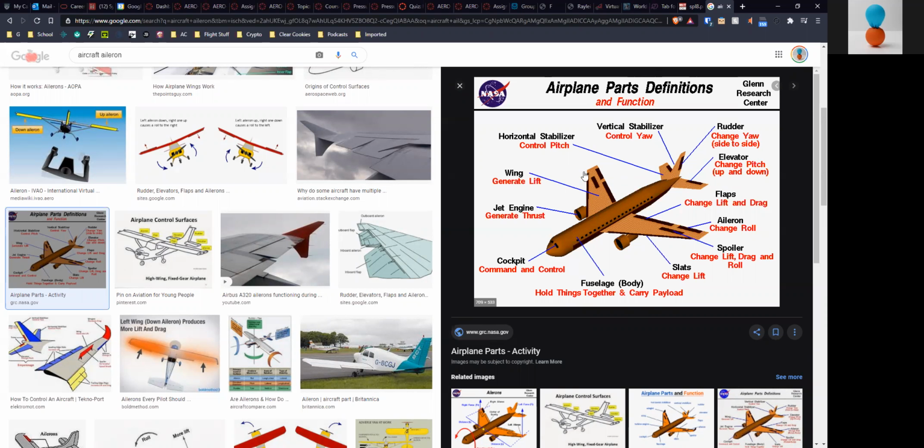They turn by rolling to a non-level bank angle, and then when the nose would want to drop, you just hold the nose level, and by doing that, you're also pulling it in the direction that you rolled. So if the plane were to roll left, then the nose would want to drop and you hold it up with the elevator. So you don't really use the rudder when you're turning very much.